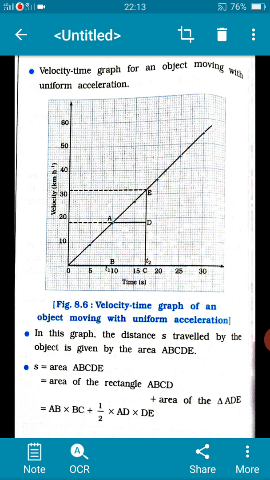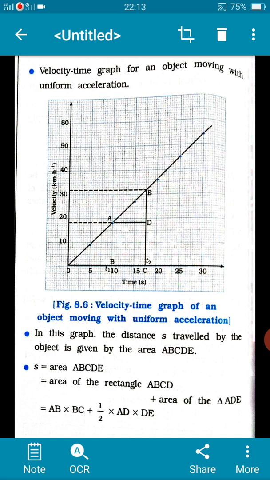So once again listen, this is a graph of an object moving with uniform acceleration. That is, as the time passes, the velocity goes on increasing. So here also take a small portion AE. The magnitude of the displacement or the distance travelled S can be calculated by finding the area of the region ABCDE.